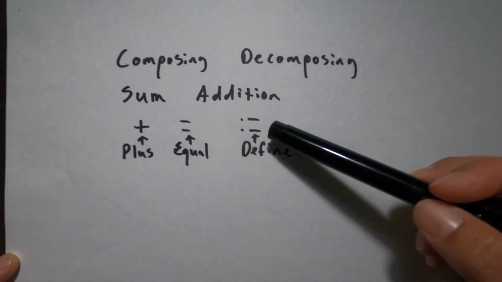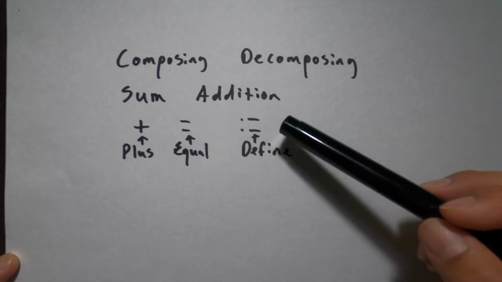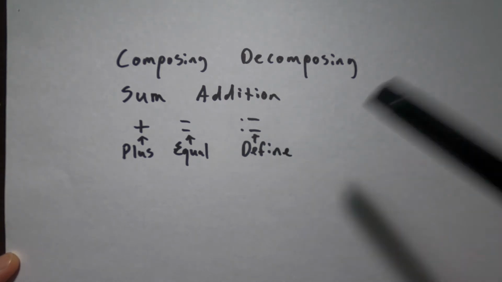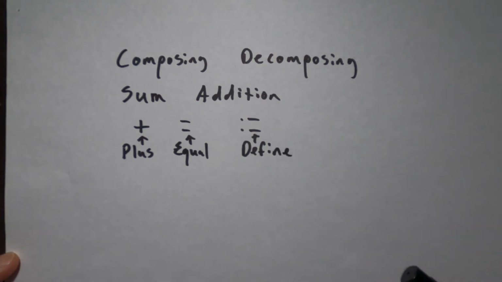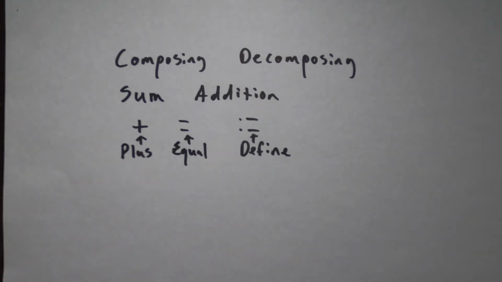I wouldn't worry too much about this one because later on you will use it more often, but that's in the higher up maths. For right now, I just wanted to introduce it to you so that when it does come up again later on, it won't be completely weird and out of this world when you see it. So don't worry too much about it.